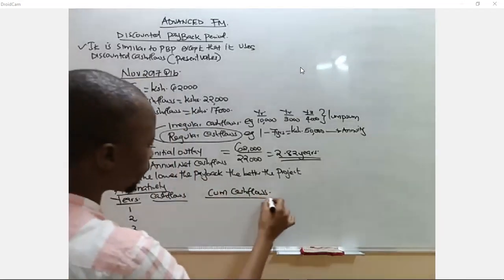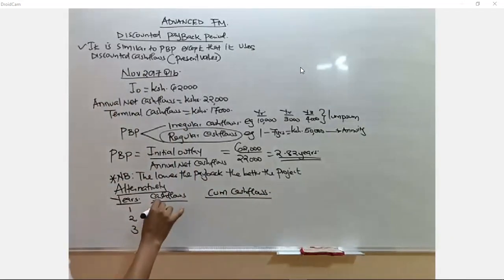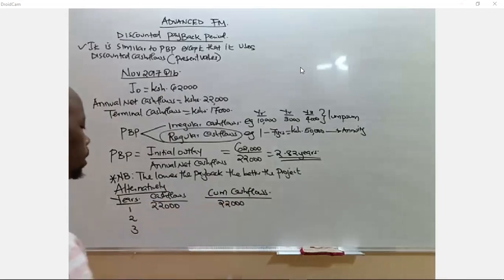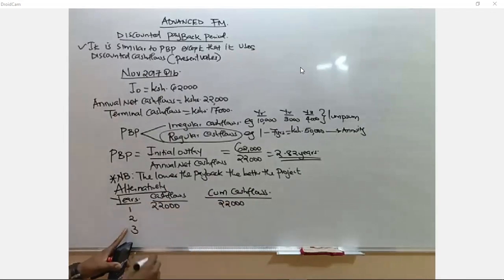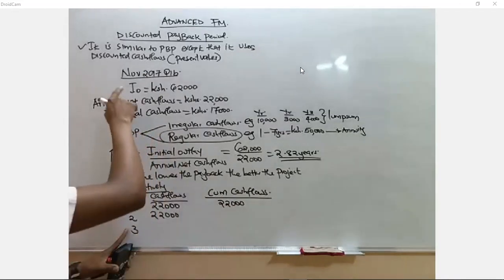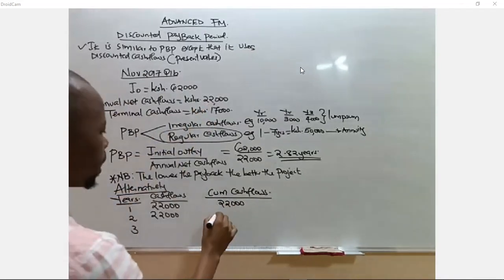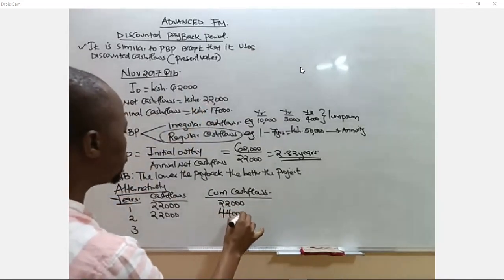So the cash flow for the first year, we got 22,000. So there you put 22,000. Then you go to the second year. The second year, you also put 22,000 because we are generating from year 1 to year 3, we are getting 22,000 each year. So here we are getting 44,000.